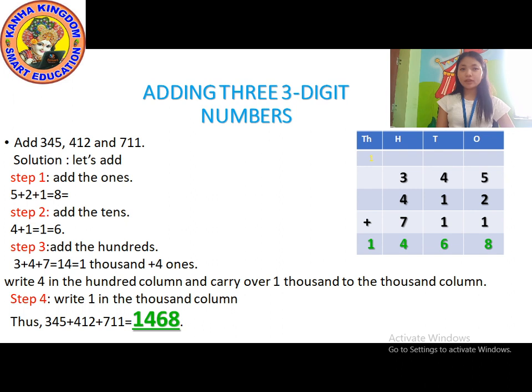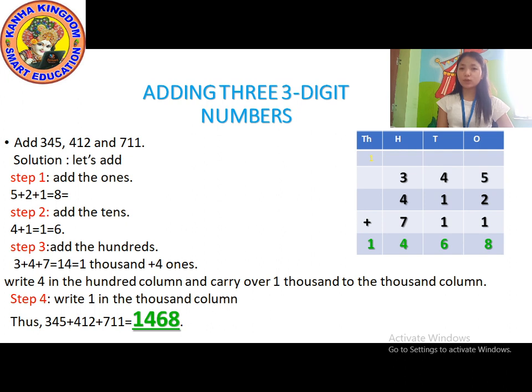While solving the second step, add the tens, we take 3 digits: 4, 1, 1. So 4 plus 1 plus 1 equals 6, right? While adding the ones, we got 8 as the sum of 3 digits, so we write 8 in the ones column.